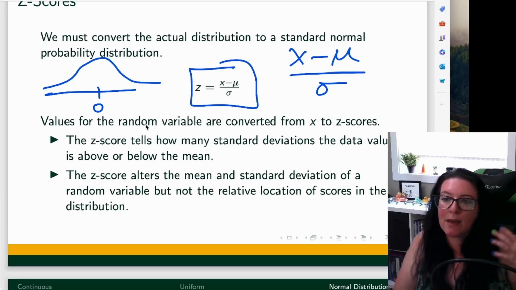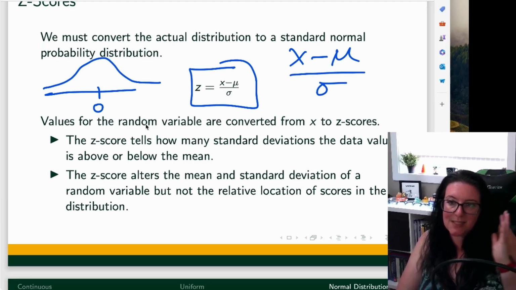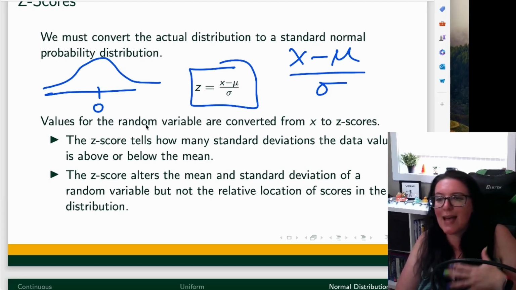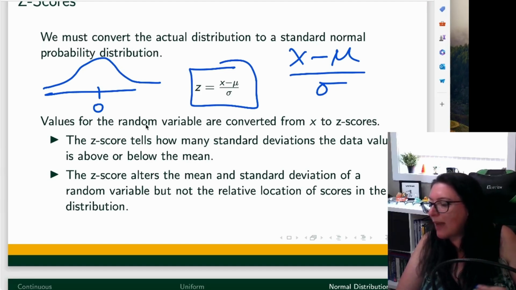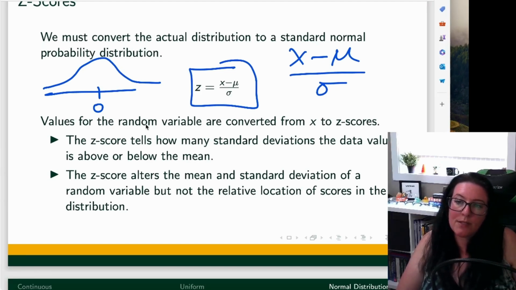Values for the random variable are converted from x's to z-scores. The z-scores tell us how many standard deviations our data is above or below the mean. The z-score alters the mean and standard deviation of the random variable, but not the relative location of the score, so we maintain the information.